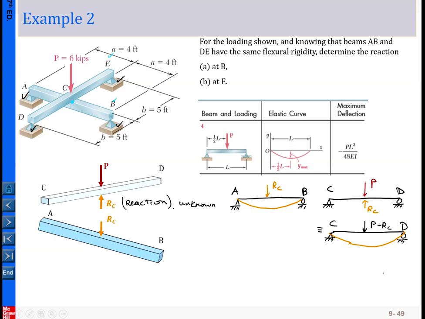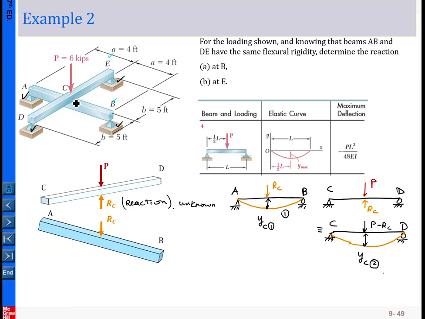So let me call this the deflection here. Let me call the Y at point C, due to subsystem 1. And again this is the deflection at point C, and let me call this subsystem 2.